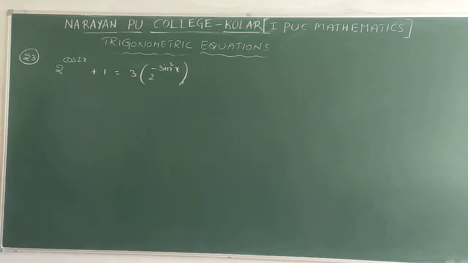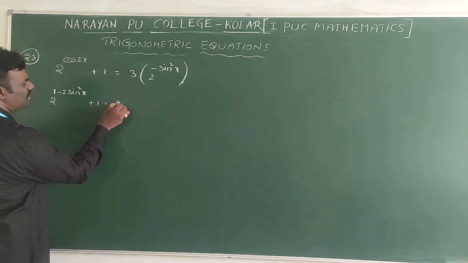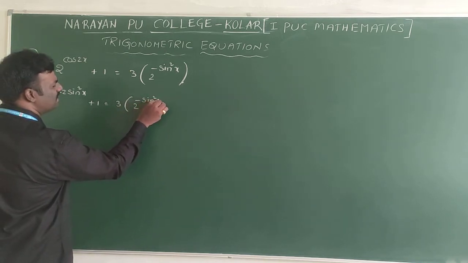Okay, listen. Dear students, cos 2x can be written as 1 minus 2 sin square x. So 2 power 1 minus 2 sin square x plus 1 is equal to 3 into 2 power minus sin square x.